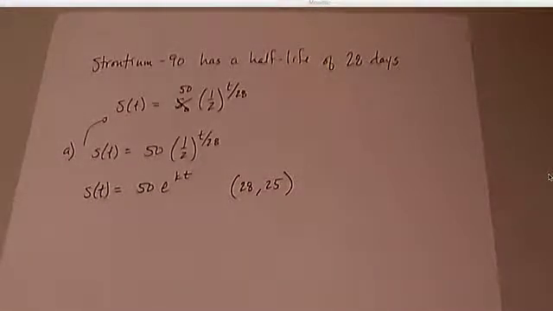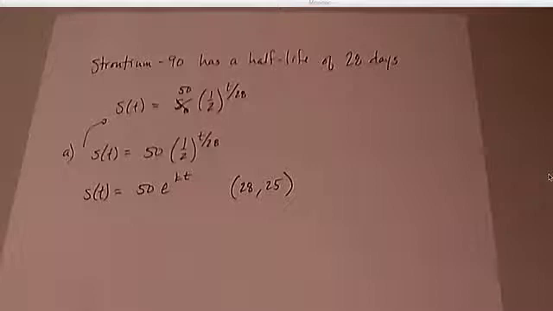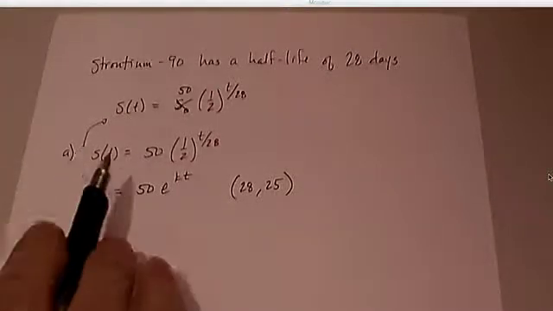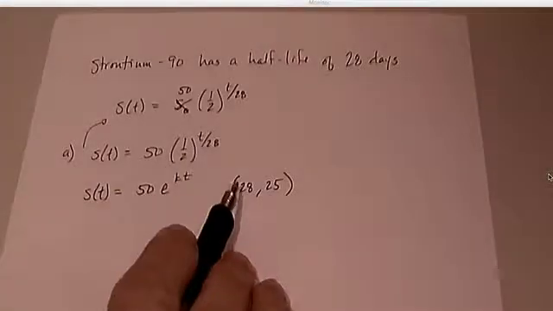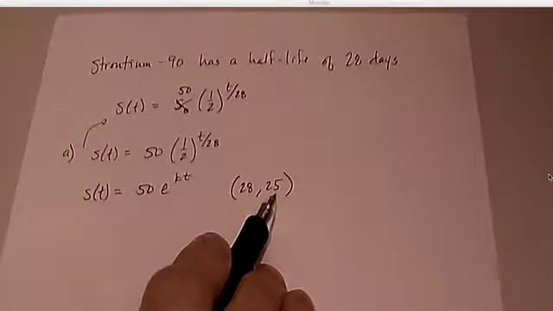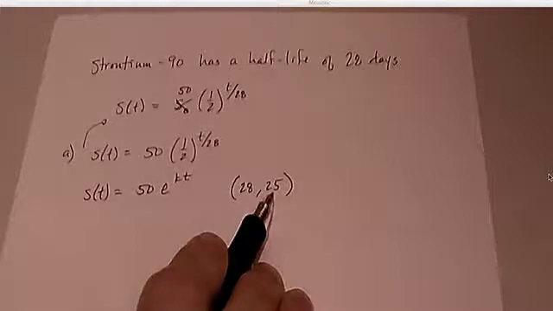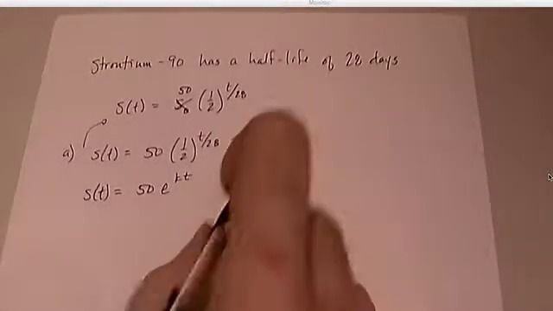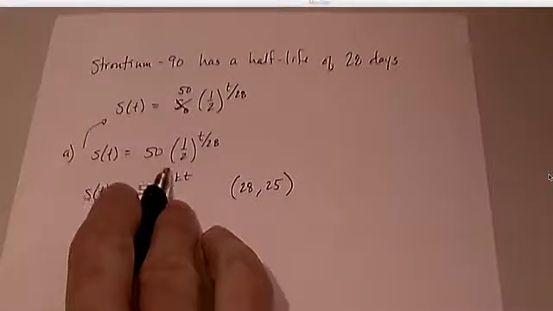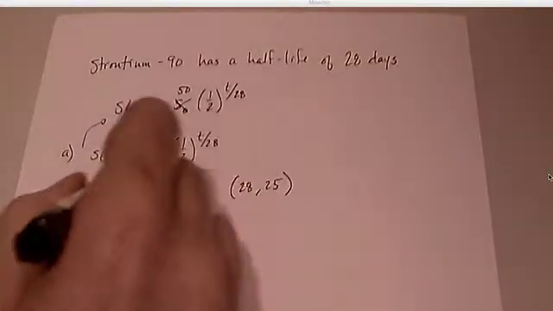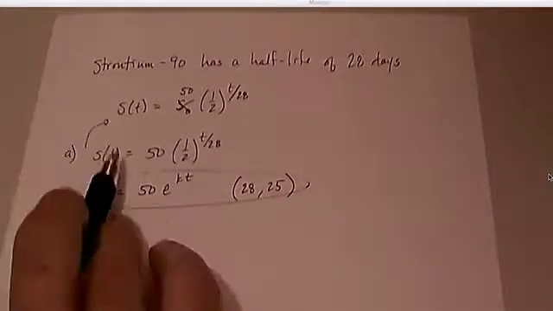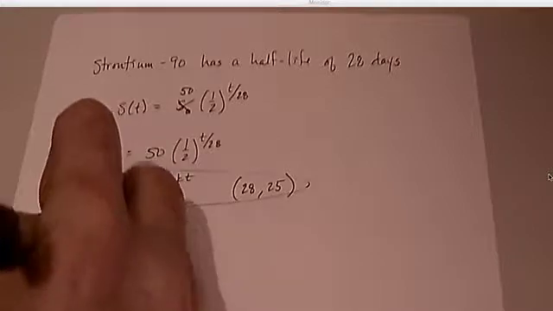Because anytime they give you the half-life, they're giving you an ordered pair implicitly. They're saying that if you start out with 50, then after 28 days, you'll have 25, half of 50. And then you would basically have to take this ordered pair and plug it in in order to find k. That is a little more difficult than the original one, so I would just go with the original one.